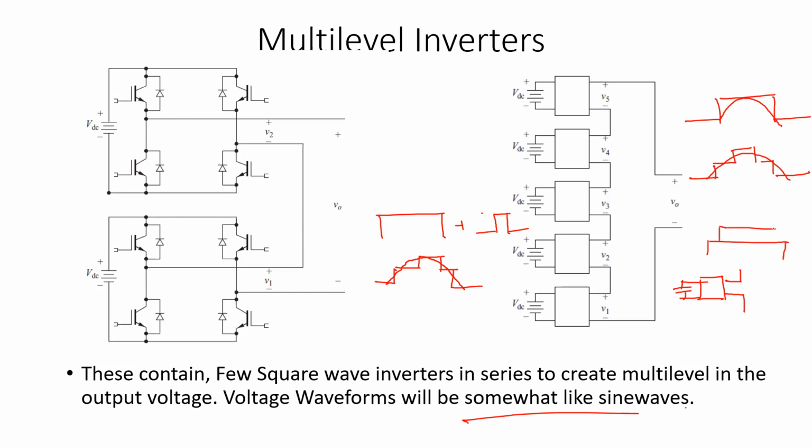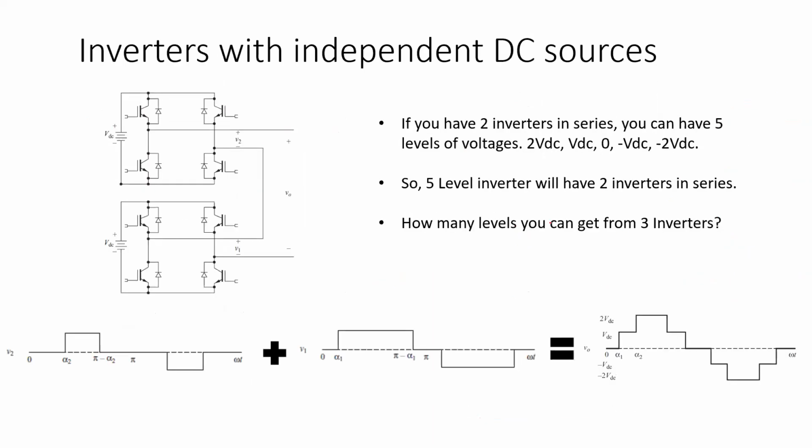The second one will create a waveform like this. The third one will create a waveform like this, because these are adding, since they are put in series. And the fourth one will put a waveform like this. So your average will be something like a sine wave. So that's what we do in multi-level inverters. Okay. So that's what I have explained here.